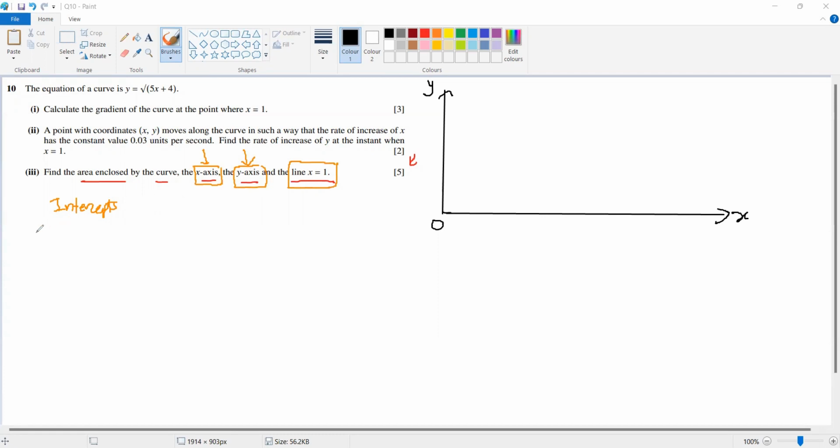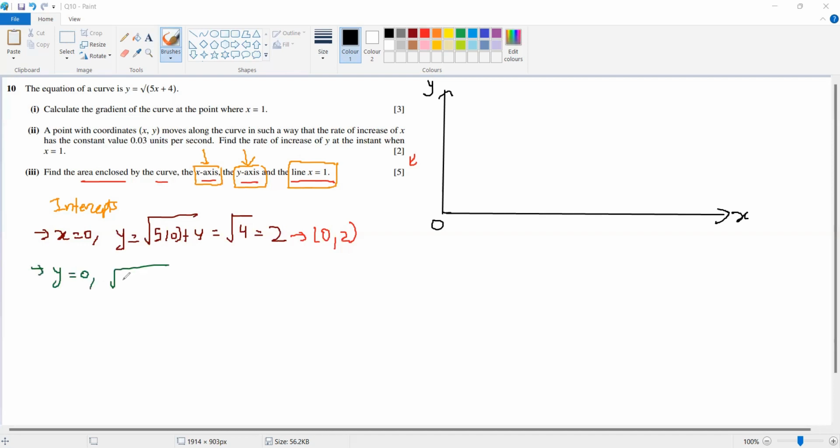So the intercept: when x equals 0, y is the square root of 5 times 0 plus 4, so root 4, which is positive 2. So we have a coordinate (0, 2). And then just to check, it's good to put y equal to 0 and solve for the value of x, if the curve equation is easy.